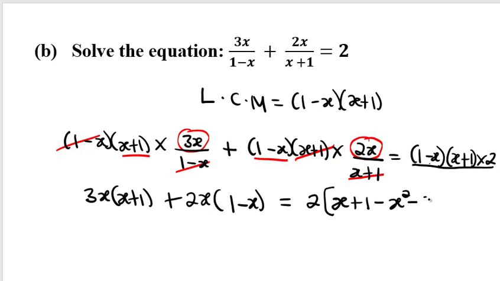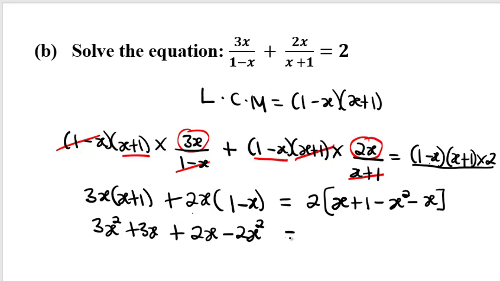Okay, now let's simplify the expressions further, so let's expand any bracket there. 3x times this is going to give us 3x squared plus 3x, plus we come to this term, 2x times 1 will give us 2x, 2x times minus x will give us minus 2x squared, and this will be equal to what we are having in the bracket, which gives us x will cancel this x, so we are going to have 1 minus x squared.